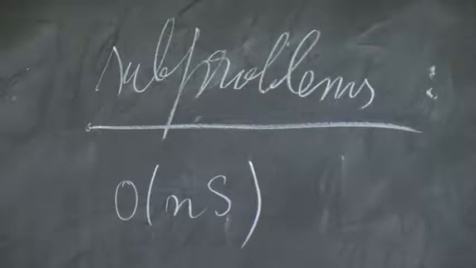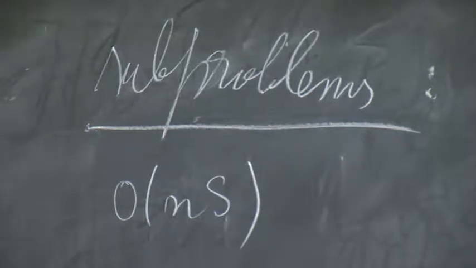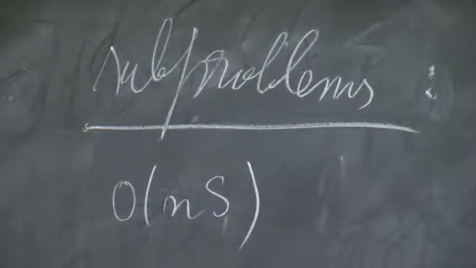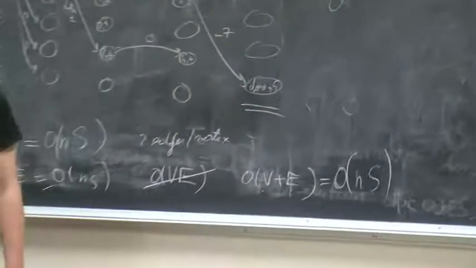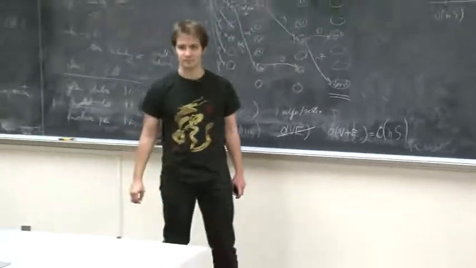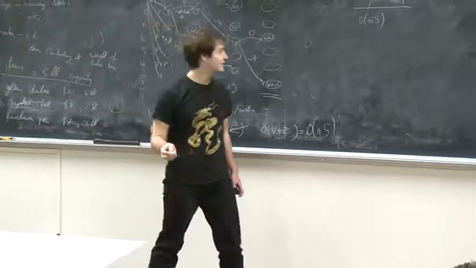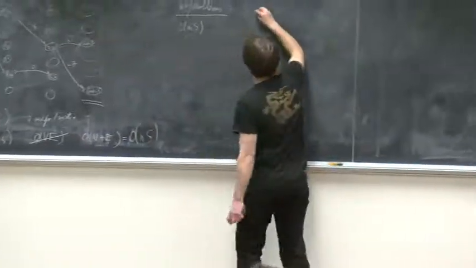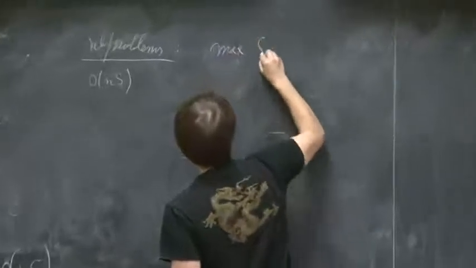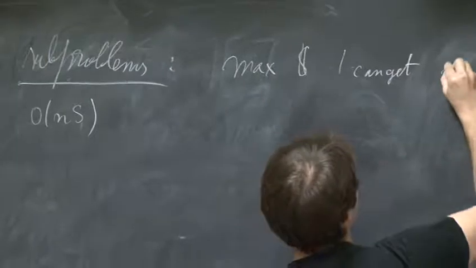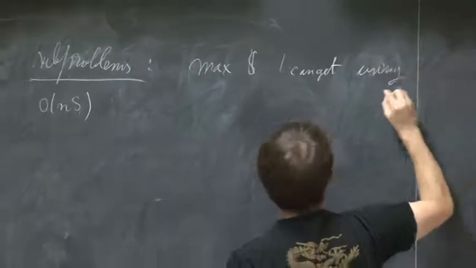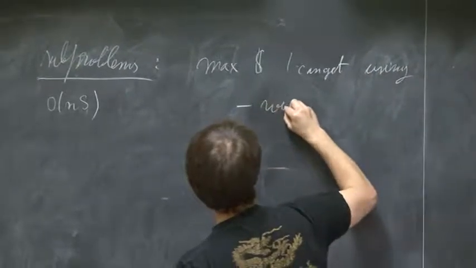One subproblem would be getting the most amount of money for that given week, or for that total week. So at week one, you want to figure out how much. Okay, I like that. So let's start writing. What is the maximum value that I can get using a certain weight?